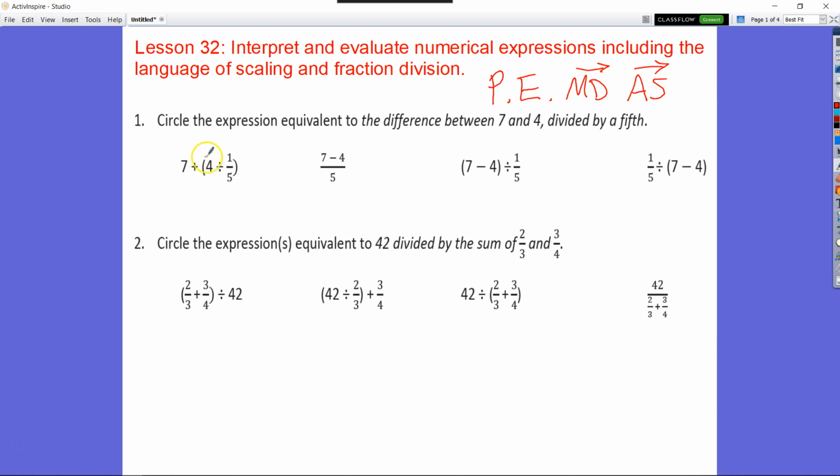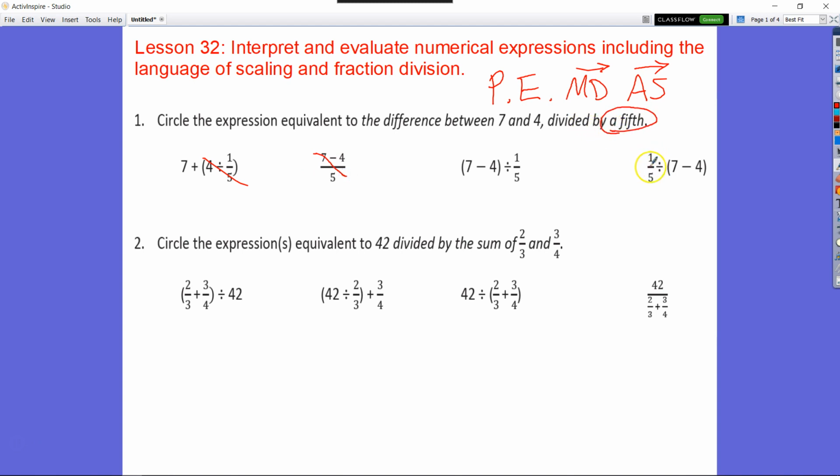So this is out of it because it has the 4 divided by 1/5 being done first. It can't be this because this is 7 minus 4 divided by 5. That can't be it. We want to divide it by a fifth.